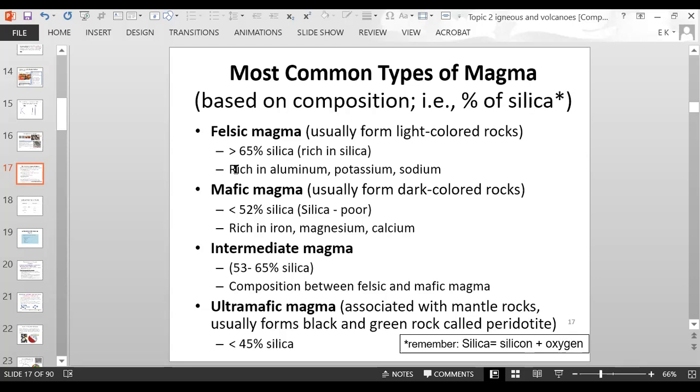And then you also have aluminum, potassium, and sodium in a felsic magma. And usually felsic magma will eventually solidify into light colored rocks. That's how it happens, because certain minerals will give you darker colored rocks and some other minerals will give you lighter colored rocks.